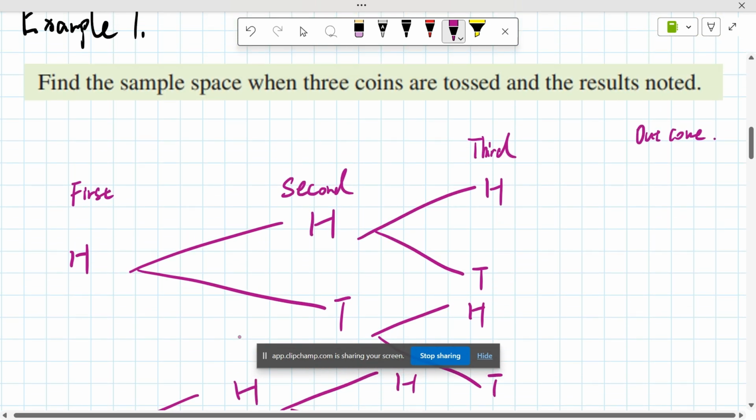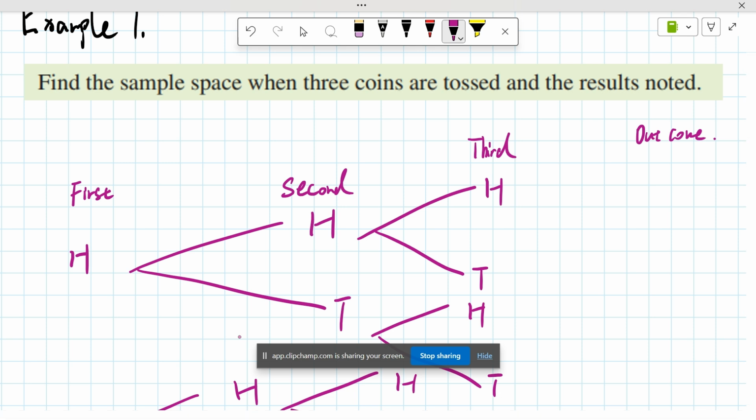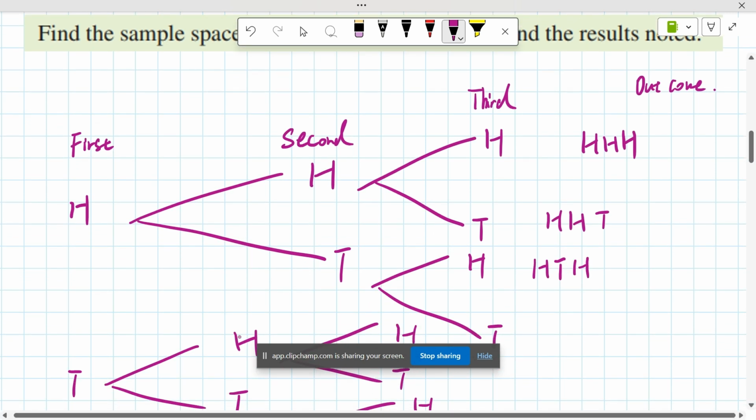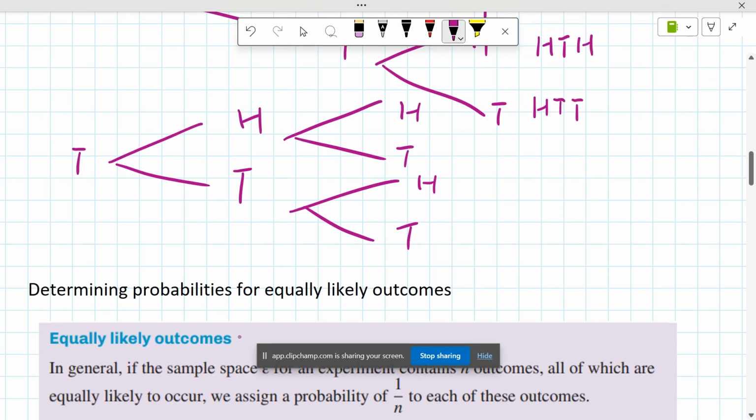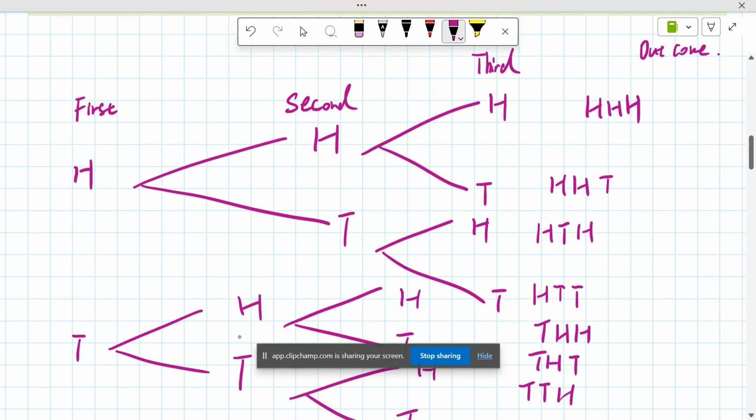Because we only have 2 outcomes every single time you toss the coin, the total outcomes will be H, H, H, H, H, T, H, T, H, and H, T, T. The second half will be T, H, H, T, H, T, T, T, H, and T, T, T. So we have 1, 2, 3, 4, 5, 6, 7, 8 outcomes.